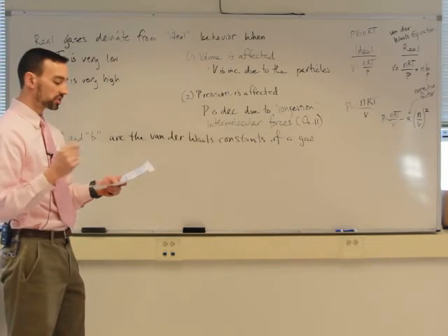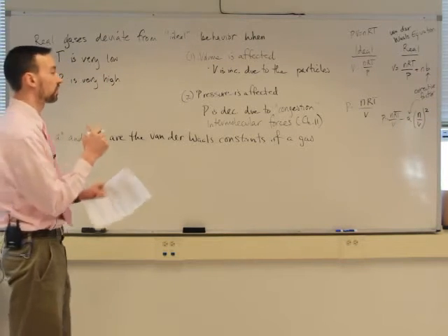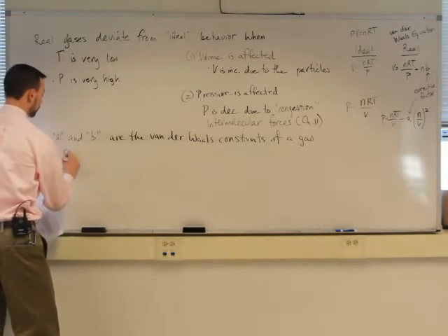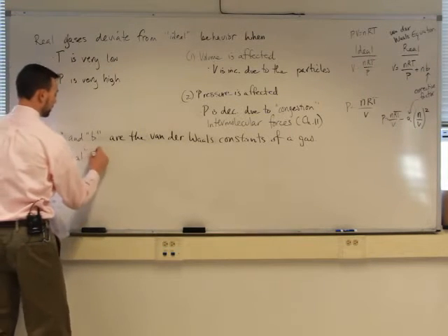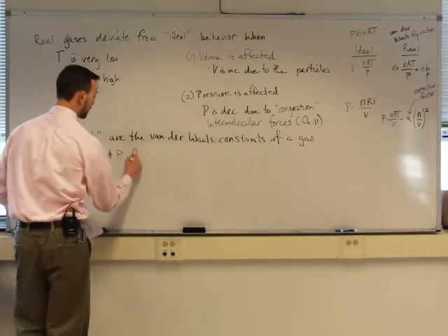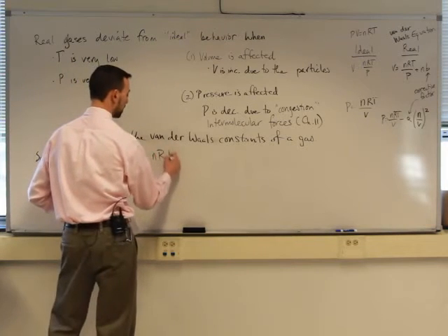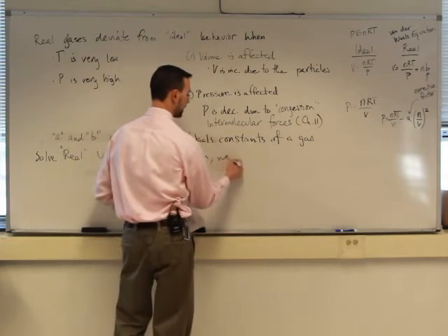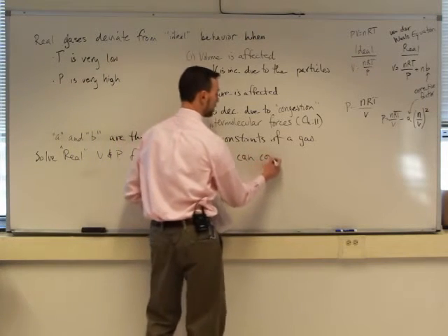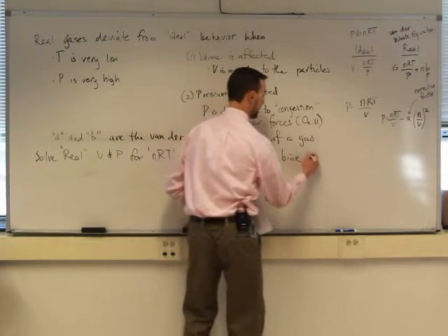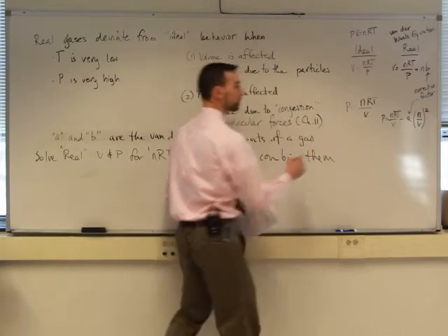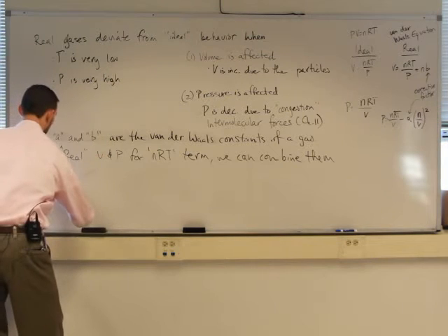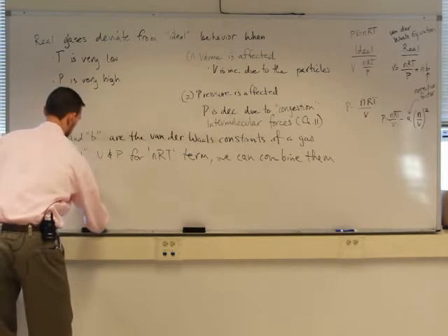So if we were to solve each of those equations that we had, solve the real V and P for the nRT term, okay, we can combine them, since they're equal to each other, and we would come up with what we call the van der Waals equation.